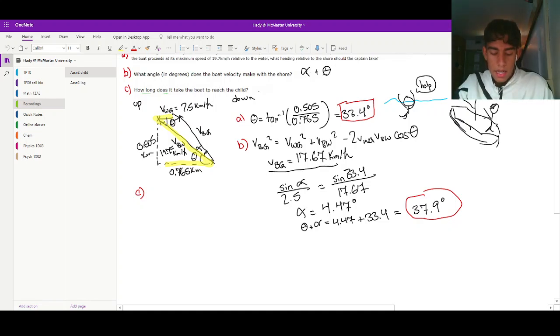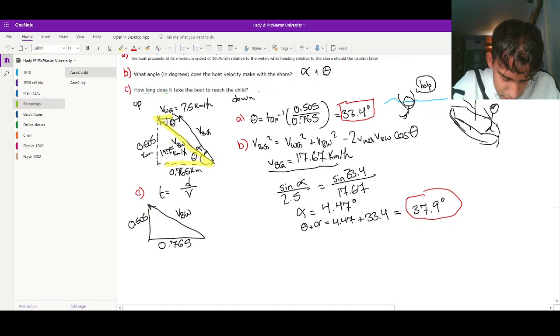relative to the water. We can use this triangle to find our distance, and we already have our velocity here as well. And this works because the child, if we're referencing to the water, remember the child has no velocity. So in reference to the water, the child stays at that one spot.